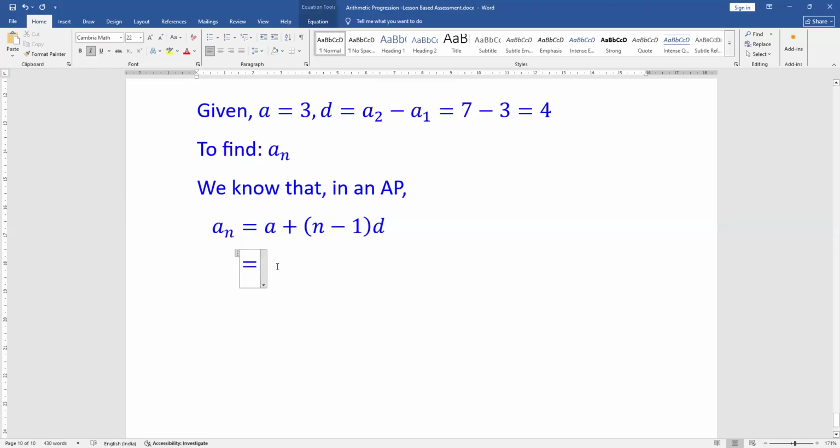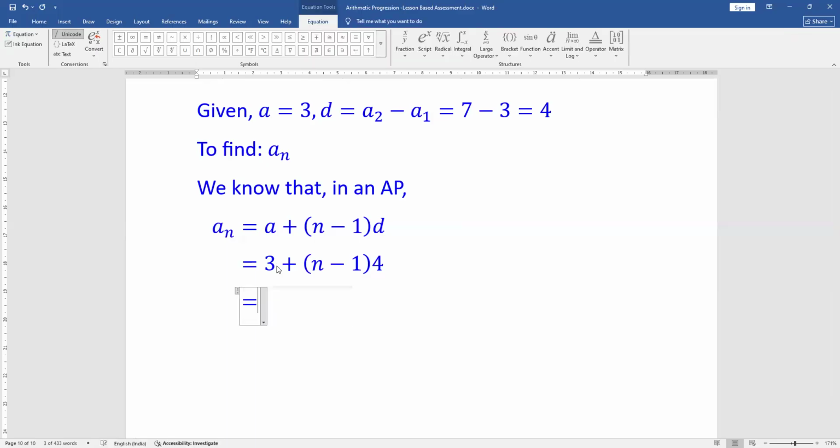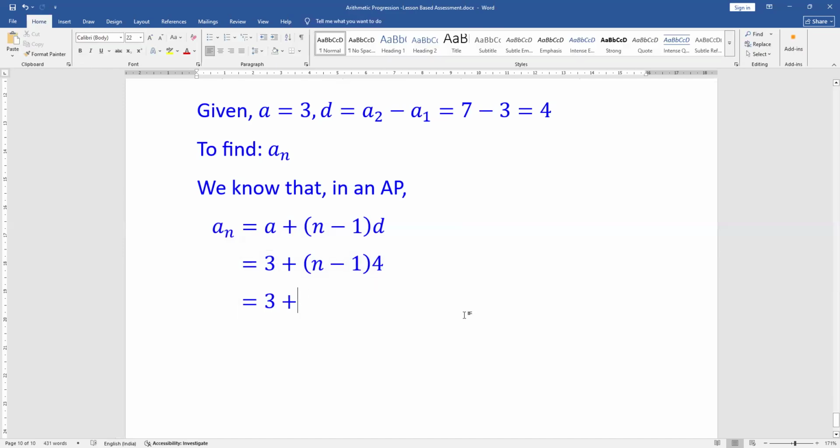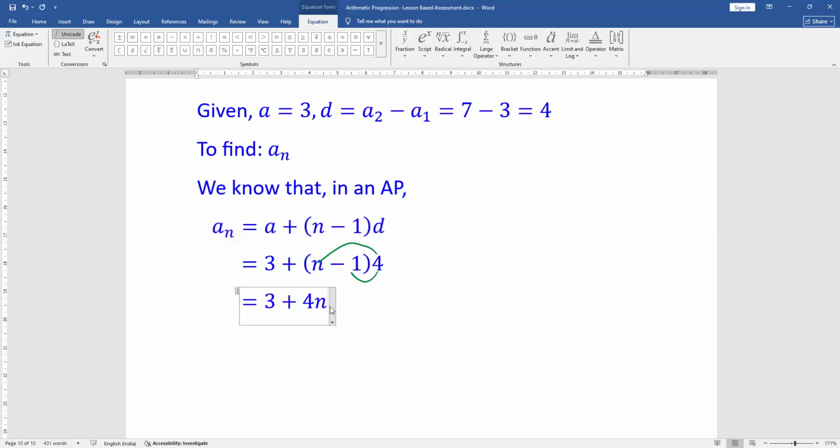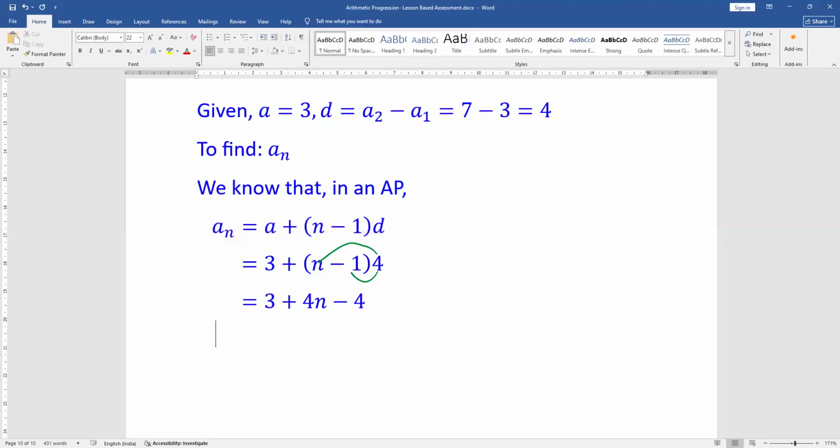Next, here the a value is 3 plus n minus 1 into d, and the d value is 4, right? Next, equals 3 plus, now we multiply using the distributive property. So 4 into n, 4 into minus 1. 4 into n is 4n. 4 into minus 1 is minus 4.